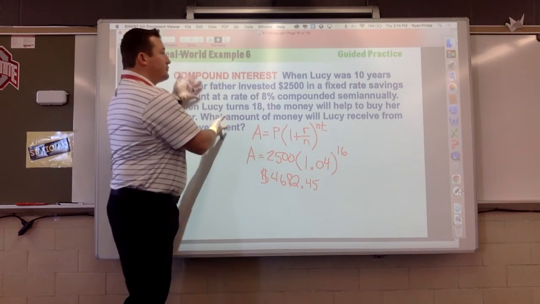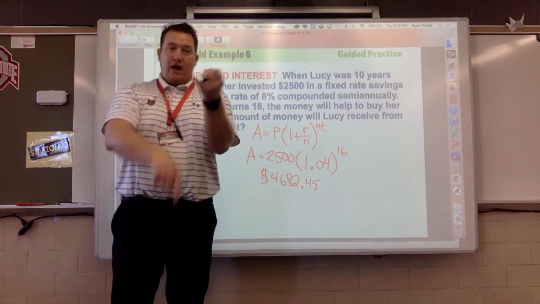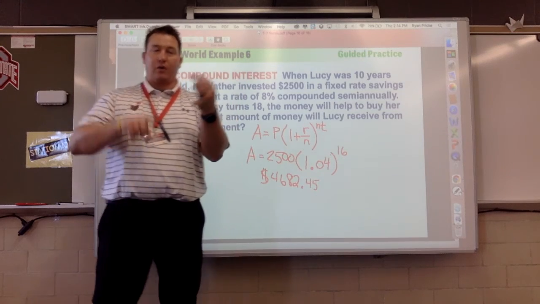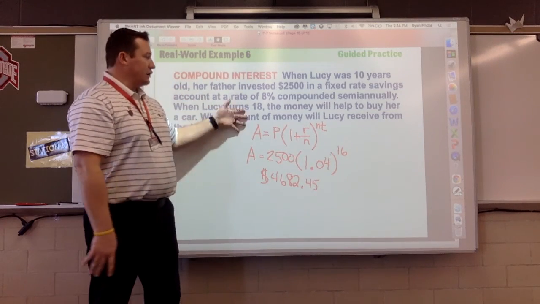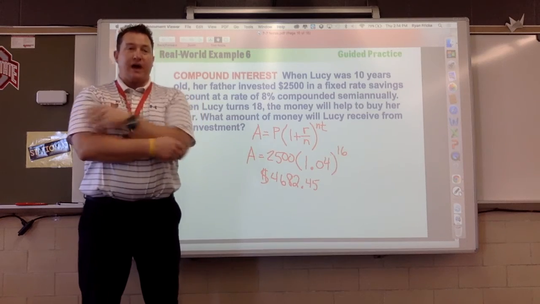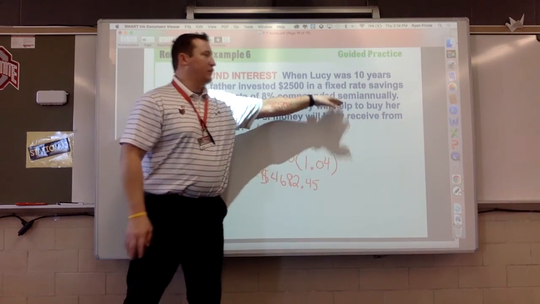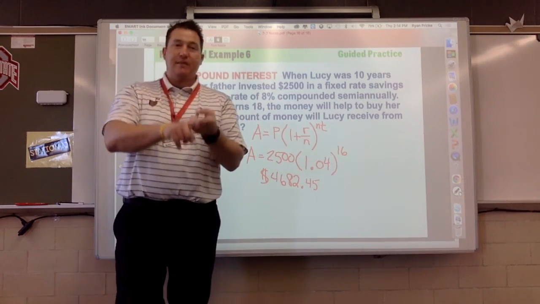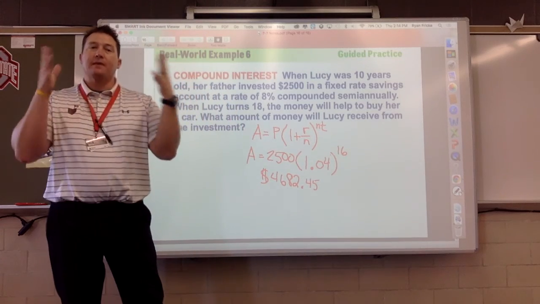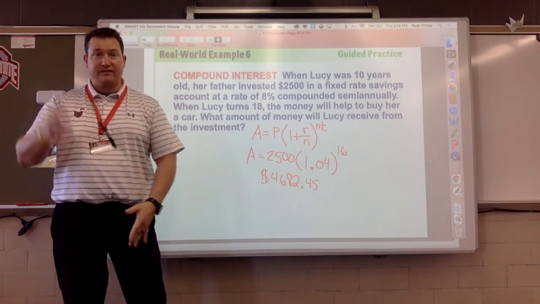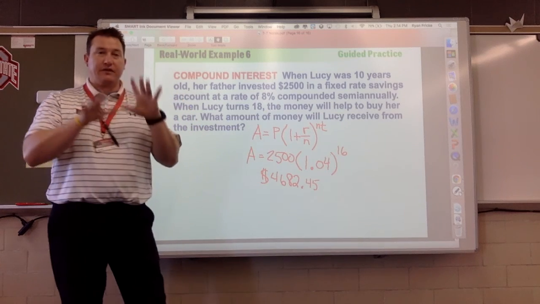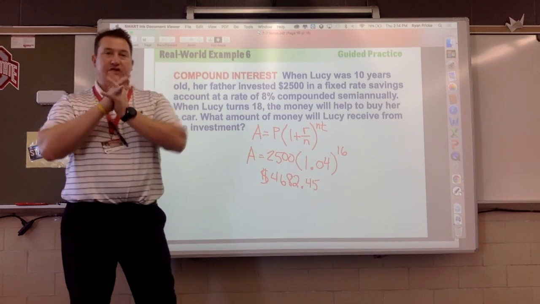Refer back to these problems when you are on your quizzes, when you are in your book work, when you're doing the skills practice. Look back at where 8% went, and what I put for n for annually or semi-annually or monthly. So look back, we didn't just waste this last 25 minutes together for nothing. So make it useful. If you have questions, let me know.